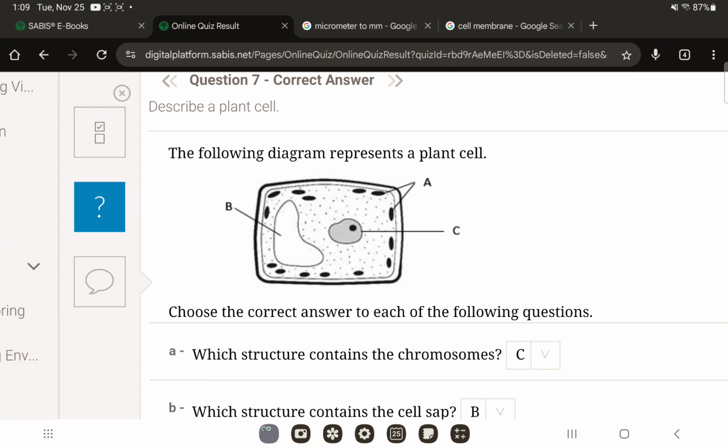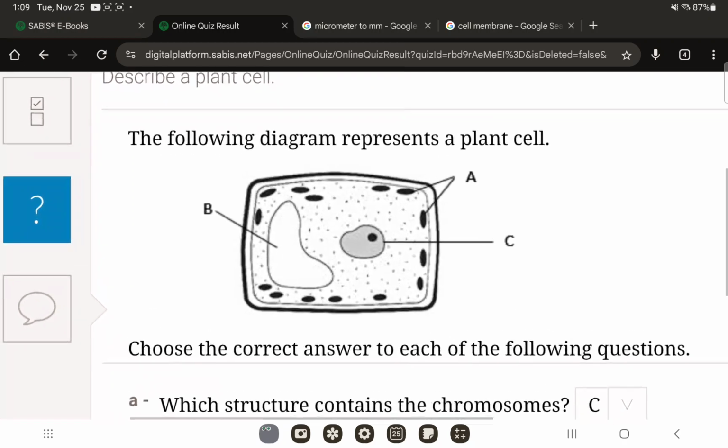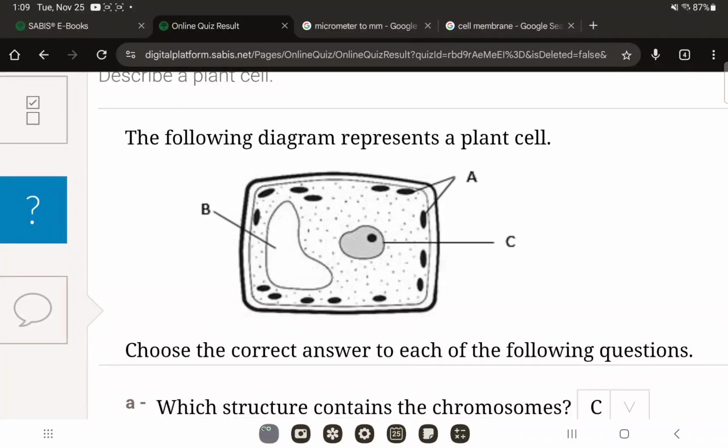The nucleus always has the chromosomes. And here you have to memorize what each part of the cell is. And here C would be the nucleus, A would be the chloroplast, and B would be the vacuole.